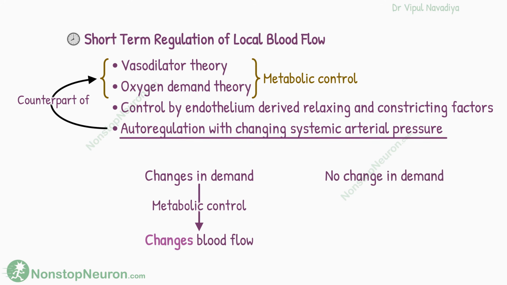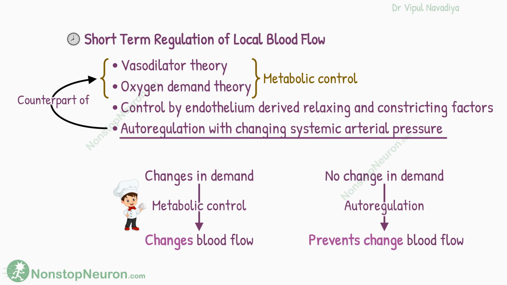But if there is no change in demand, autoregulation prevents the changes in blood flow. Are you getting it? See, the metabolic control is like your chef, who brings you food when you are hungry, and the autoregulation is like a watchman, who prevents anyone from feeding you when you are not hungry. Both things are important. Let's understand what exactly autoregulation is.